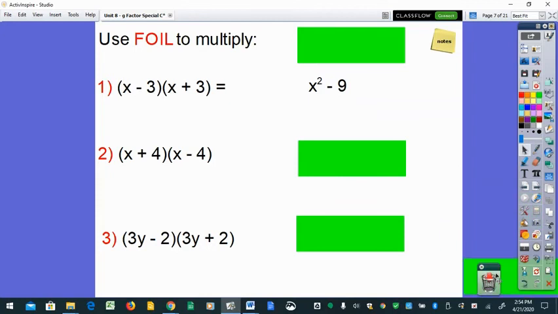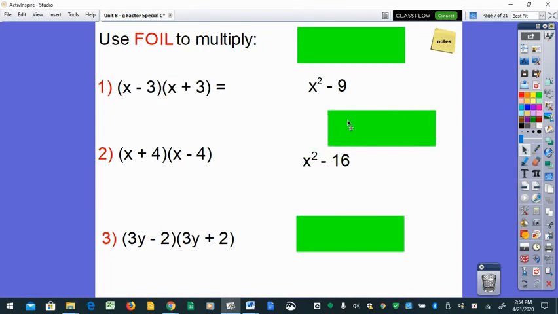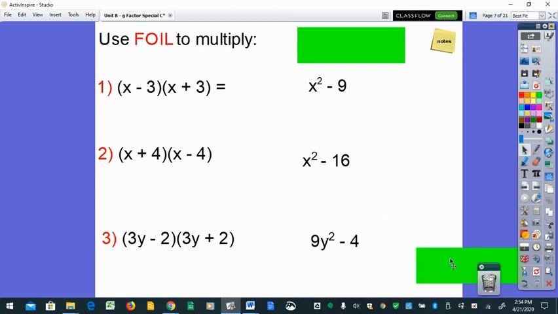So you might remember anytime you have twins that are not identical but off by a sign, you end up losing what I call the OI, the middle term. 3x times 3y, and negative 2 times 2, and you get a positive 6y and a negative 6y, and they combine and fall out.